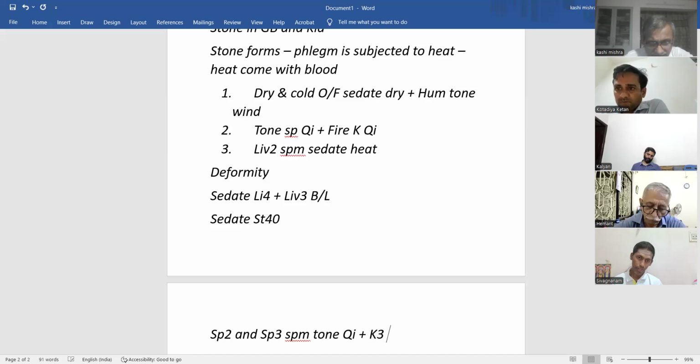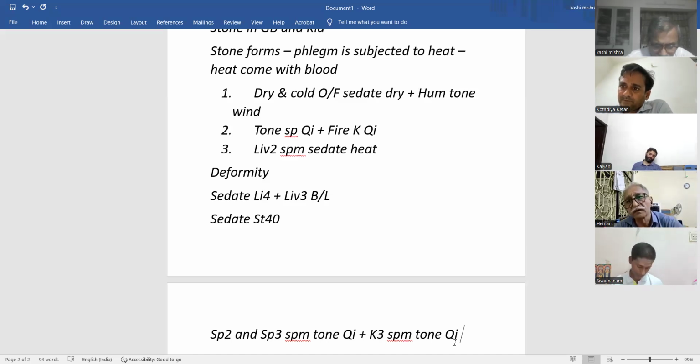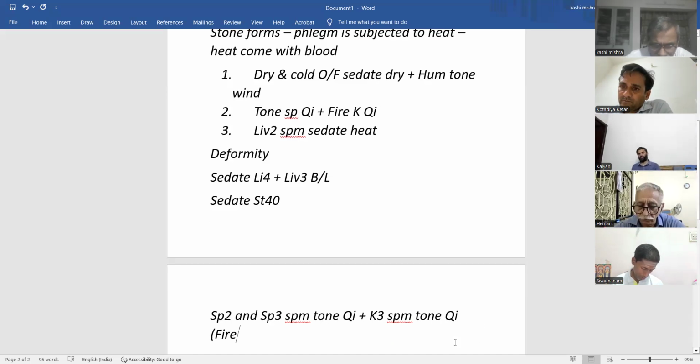K3, SP6 टोन. किडनी chi. तो किडनी, which side will you do it? Fire side. Yes. अभी तो सब लोग समझ गए. All of you have now understood.